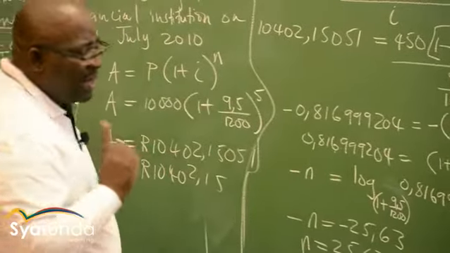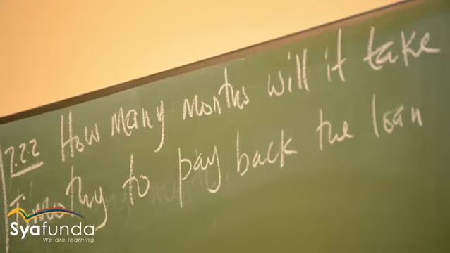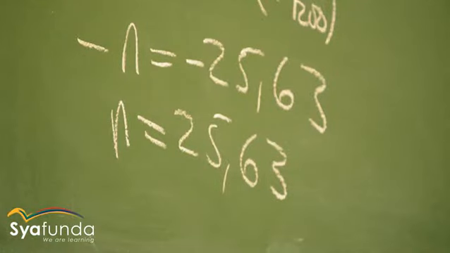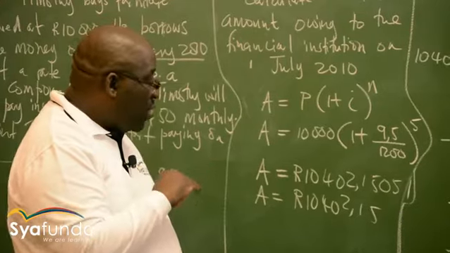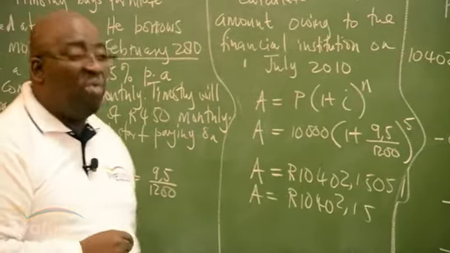Let us read the question. How many months will it take Timothy to pay back the loan? It will take Timothy 25.63 months. Remember, those are months, not years. It will take 25.63 months for Timothy to pay back the loan.